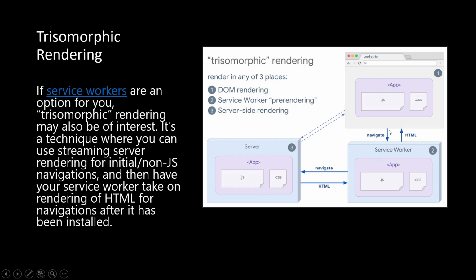It returns back, that is, it navigates to the service worker and then it navigates to the server. So this is how the DOM, the service worker, and the server coordinate among themselves to work in trisomorphic rendering.